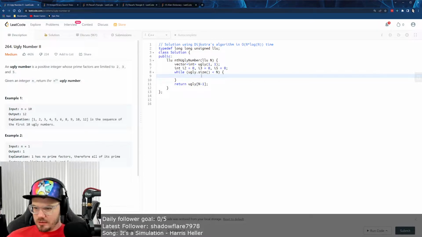And then finding the next ugly number is just a matter of figuring out the minimum of multiplying the elements of these 3 pointers by what the pointers represent, 2, 3, and 5. So basically we're just going to have int next ugly number is the min. It's going to be the min of 3 things, so we got to do the min of the min.